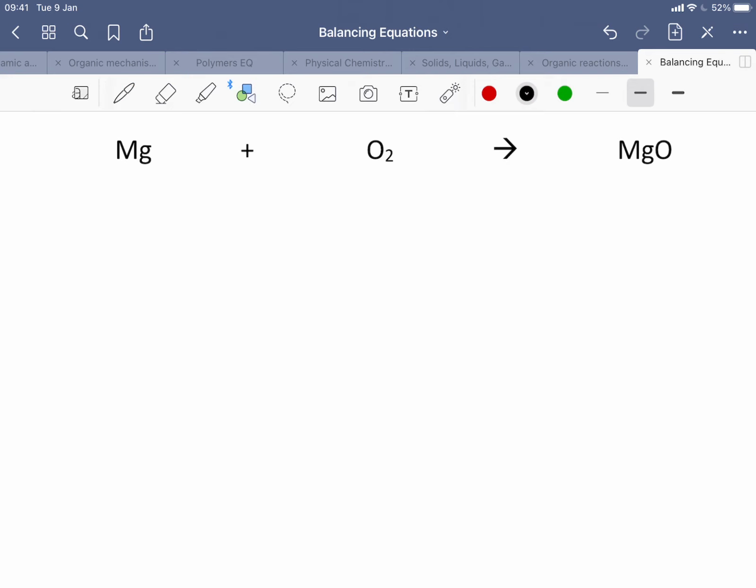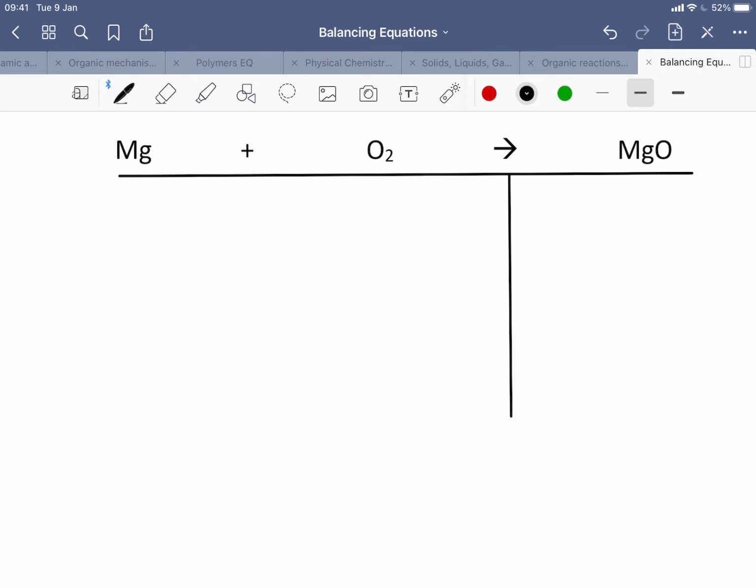So again, I'm going to split in half, making it clear: the reactants on the left, products on the right. I've got an Mg, so I put my bubble. I've got O2, which means I've got 2 oxygens, put my bubble, and then I've got an MgO, put my bubble.